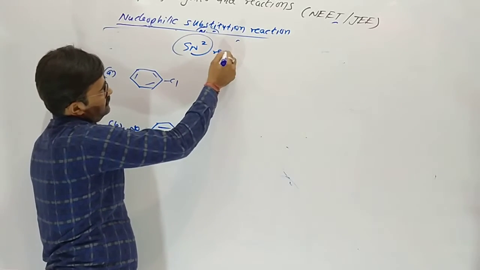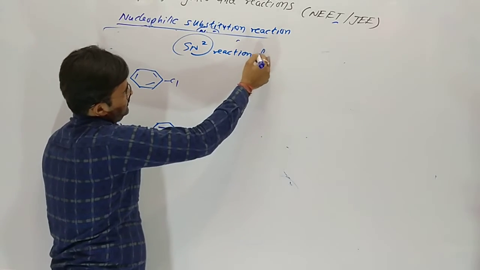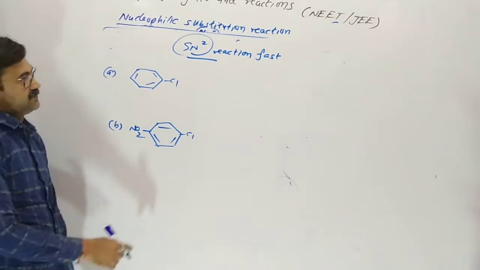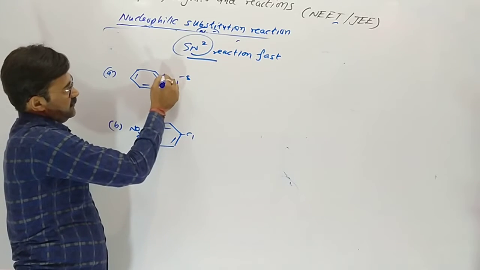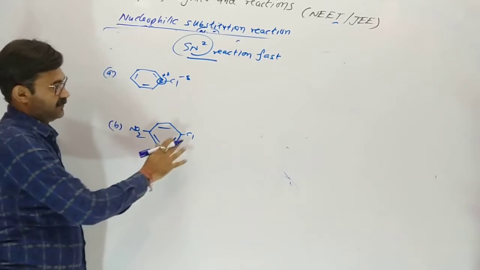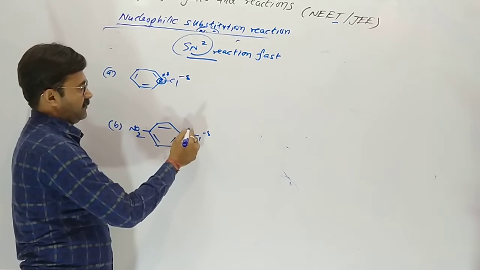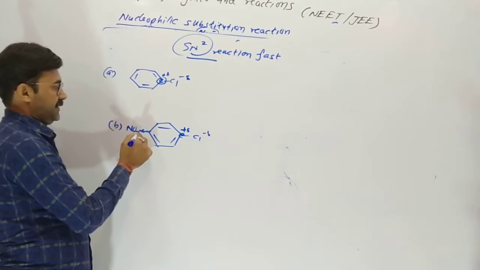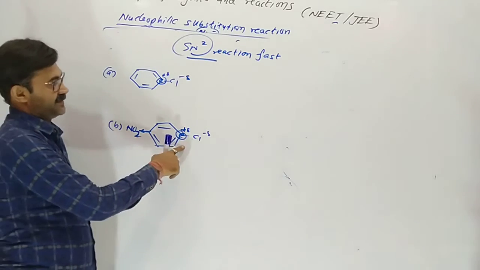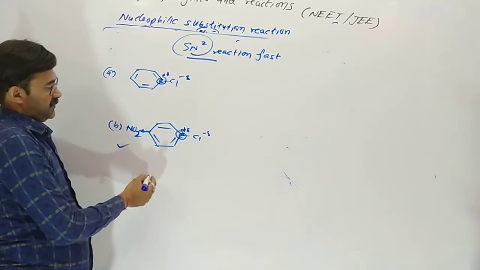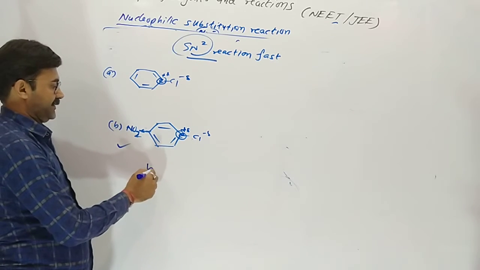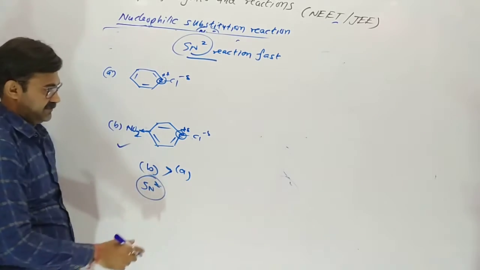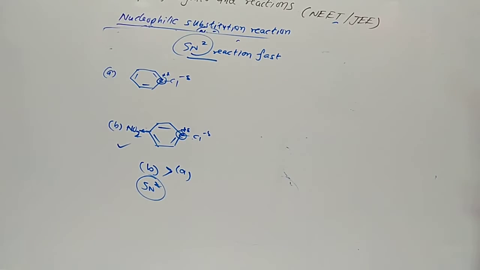SN2. Reaction fast. SN2 means the carbocation should be unstable. Here the phenyl carbocation is unstable. Here also the phenyl carbocation is unstable, but NO2 is a withdrawing group. It increases the positive charge on this carbon. So there is a highly unstable carbocation in case B. So B gives SN2 faster than A.